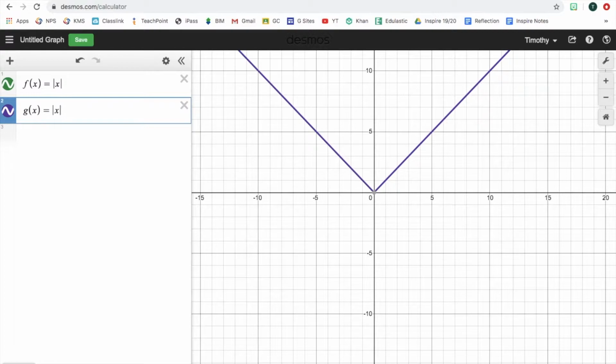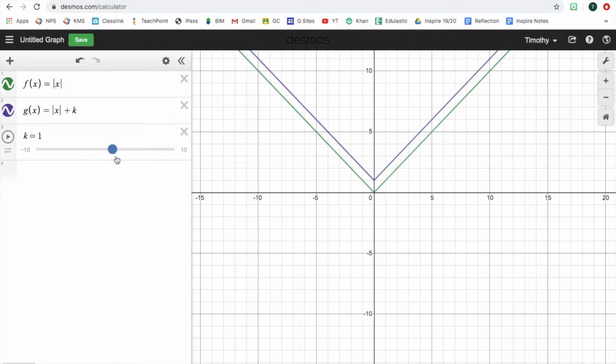So I'll do plus k, and I'm going to add my slider. So if k is 1, we have slid this up 1 unit, every single position for the y, 1 unit. Because remember, this k is on the outside of the function, so that means that it is a vertical change, and we're adding, so it's going to be a vertical translation.